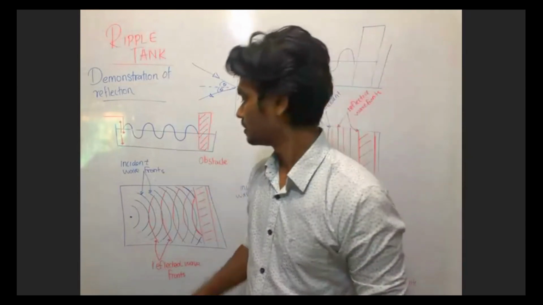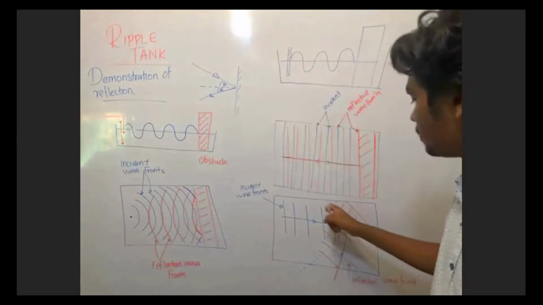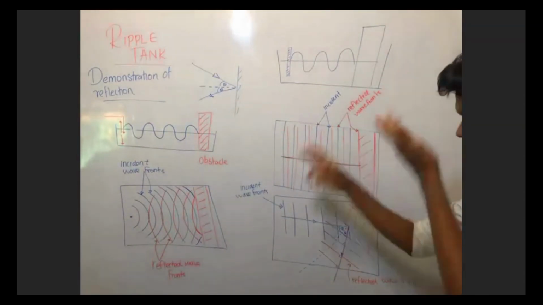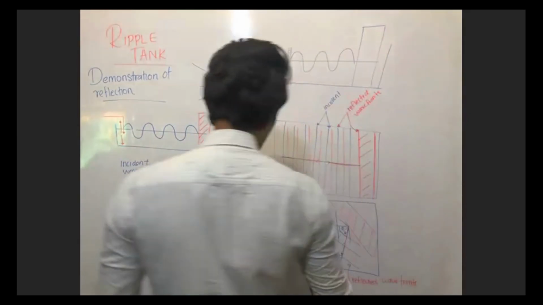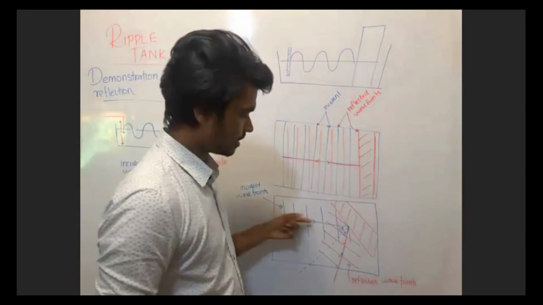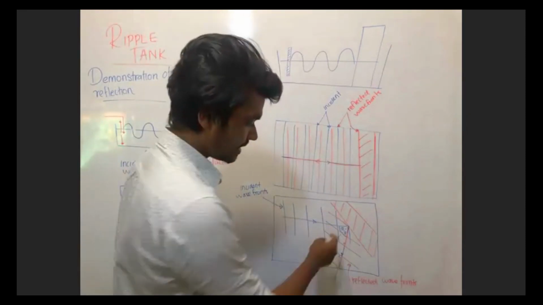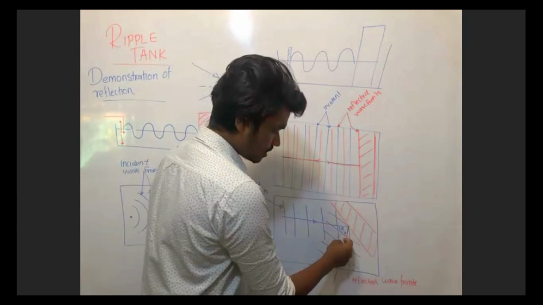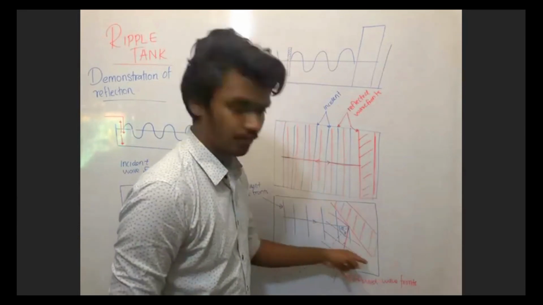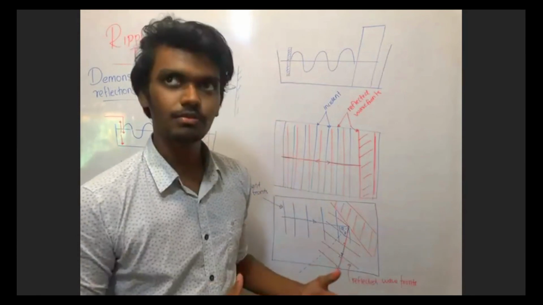This and this you need to be able to draw, right? They might give you only this, and you need to draw the ray and the normal, get an equal angle to the normal, and draw the ray, and then draw the wave fronts. There was a specific question.